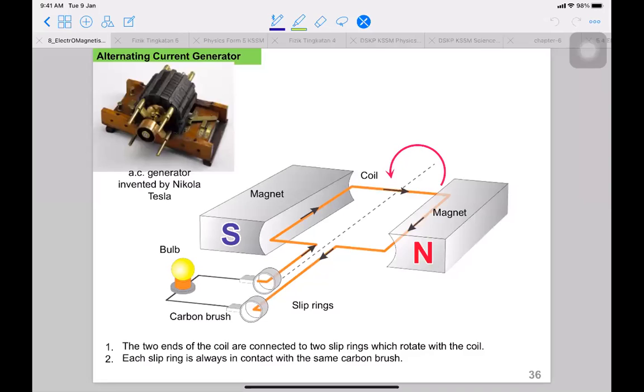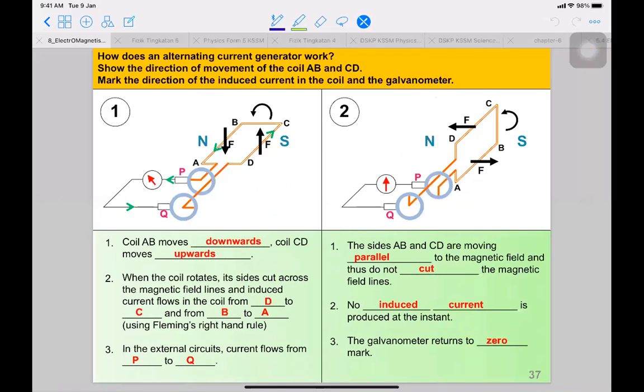The split rings will be in contact with either the left carbon brush or the right-hand side carbon brush. So it is not the same. But for the AC generator, the slip rings will always be in contact with the same carbon brush. Now let's look at how the movement is.